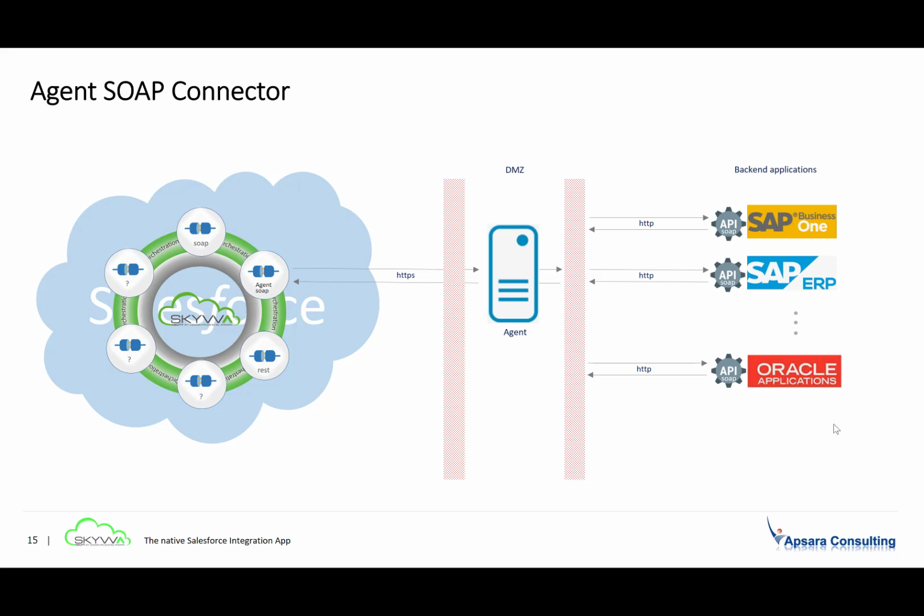The other way around is that you can also invoke the SKYVVA API from your web or from your application and send data to Salesforce as well. So here it is designed to use for local SAP API.